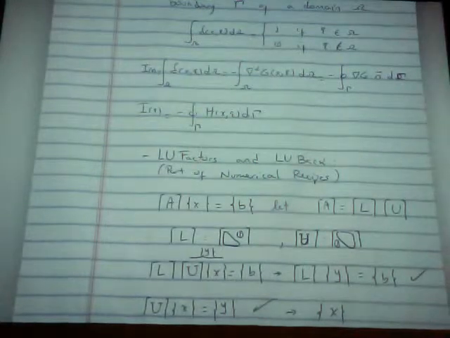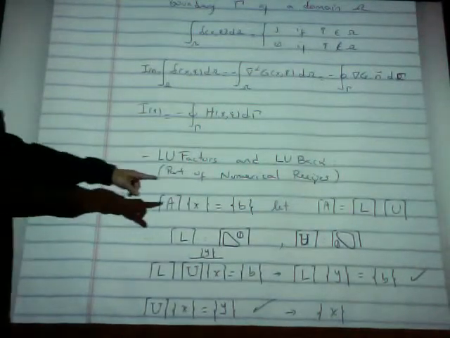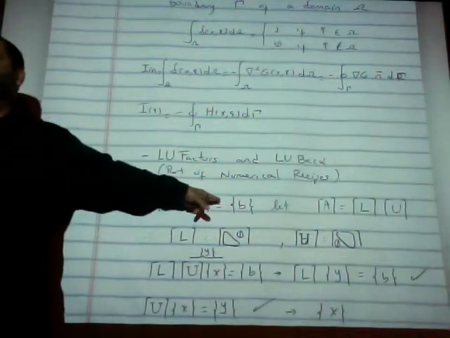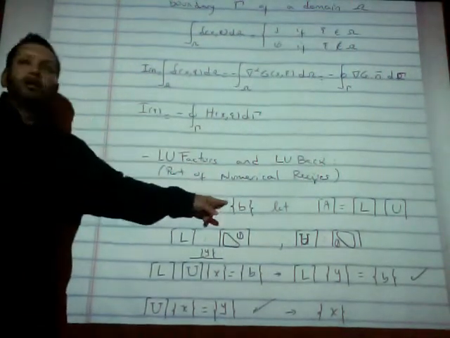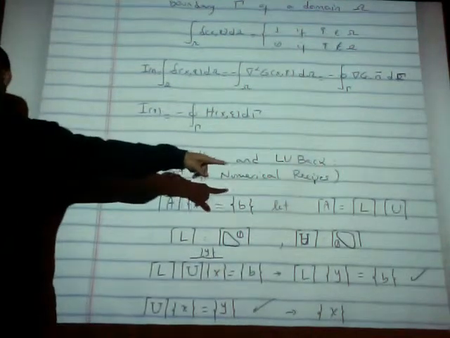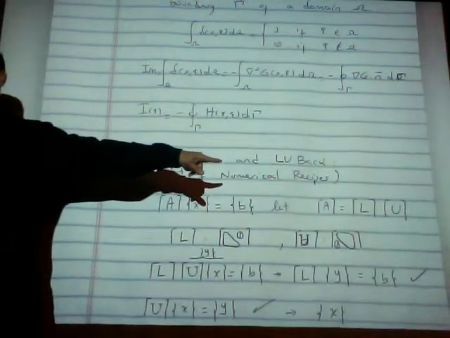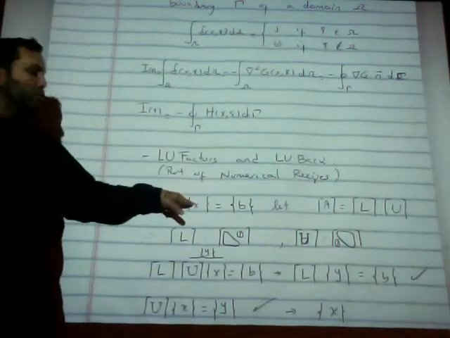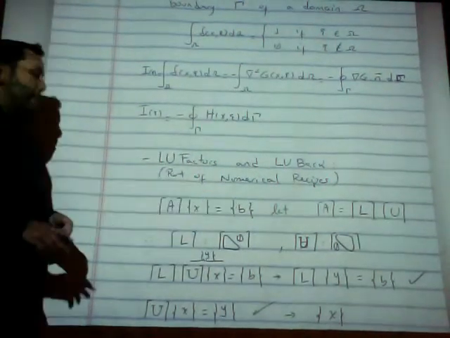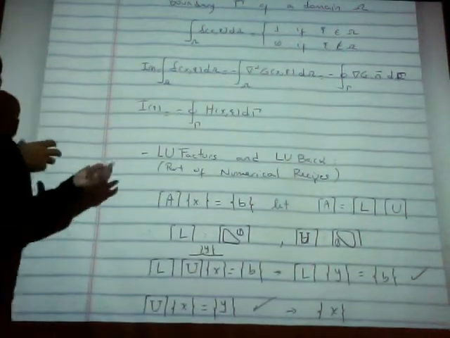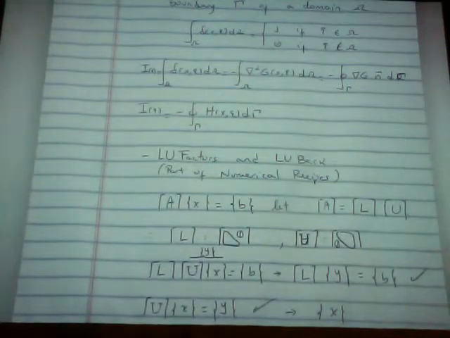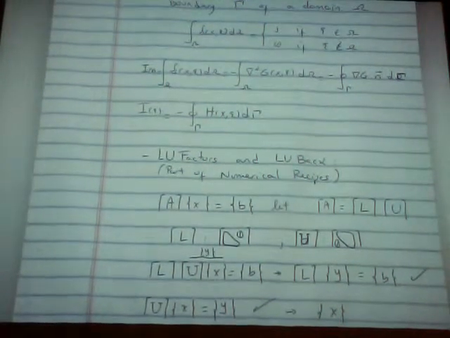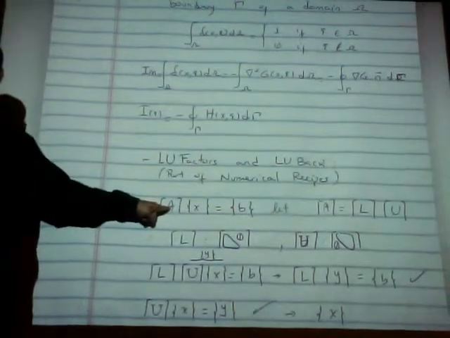Let's say you decide to change the right-hand side because your boundary conditions change. You don't need to decompose A again. A is already decomposed. So to get the new solution for a new set of boundary conditions, remember that the matrix A contains pieces of H and pieces of G. That's just geometric information. As long as you don't change the geometry or the discretization, A is not going to change.